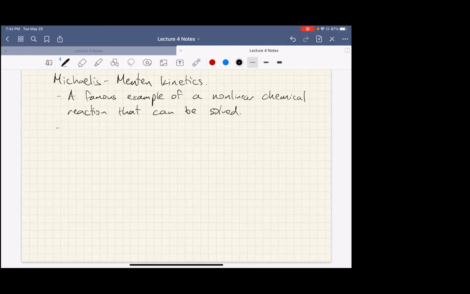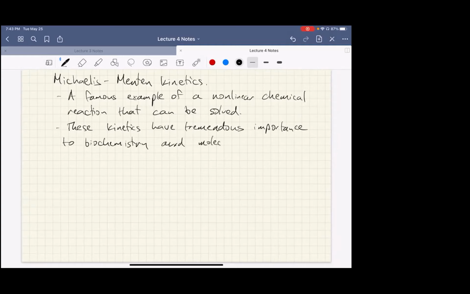And not only that, but these kinetics have tremendous importance to both biochemistry and molecular communication. And what it's all about is how enzymes work.